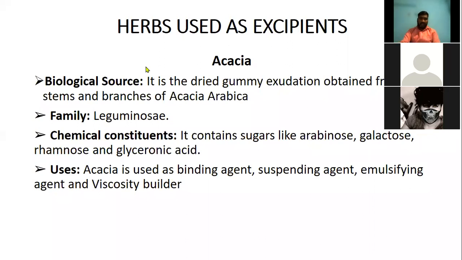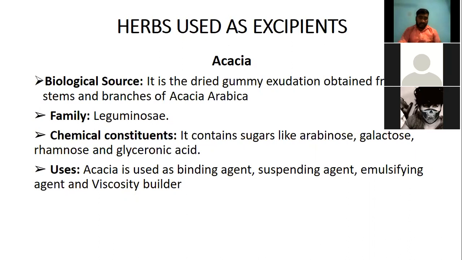And what are the uses? It has multiple uses: it acts as a binding agent, a suspending agent, an emulsifying agent, and, most importantly, a viscosity builder. These are the important uses of acacia.